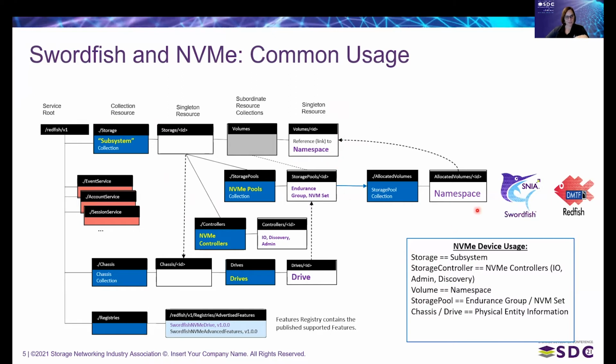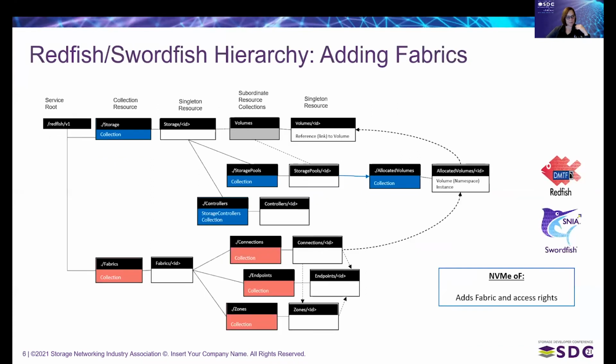That's just a volume. So you can see we've got the namespaces created out of the pools over here and referenced in this high-level collection just for ease of use. There's also usage in more advanced NVMe devices for storage pools, and those represent endurance groups and sets. And again, in the chassis space, we represent everything that's not directly in those specs, but needs to be modeled as part of the physical entity information.